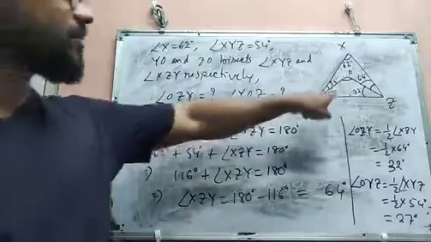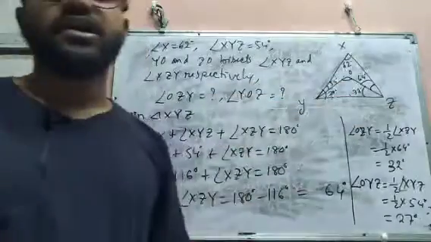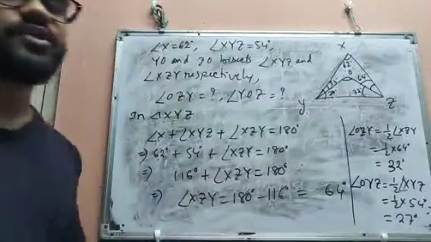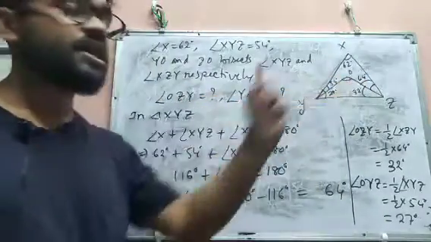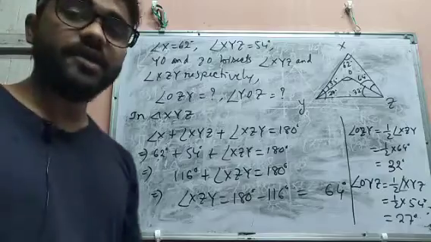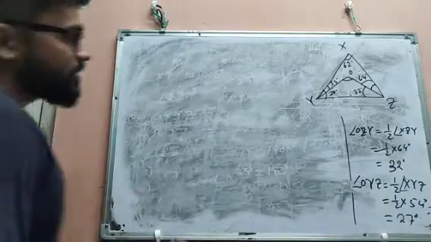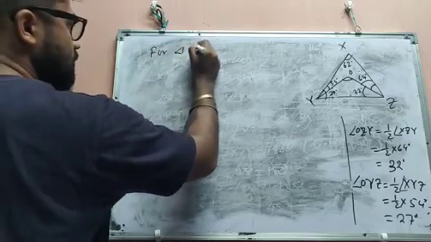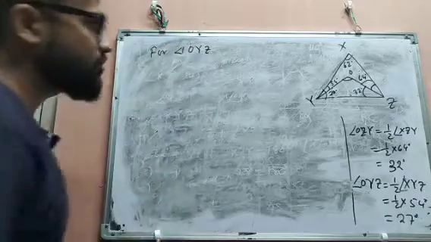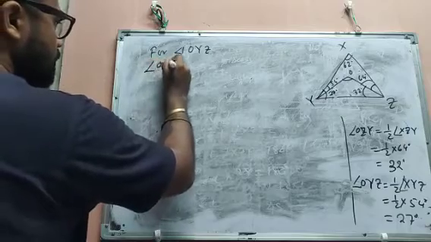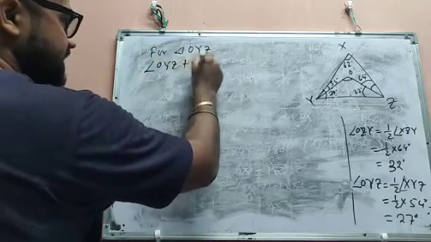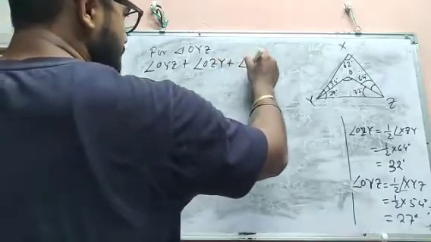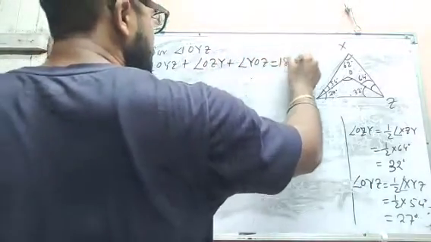Now consider the small triangle OYZ. In the small triangle OYZ, these two angles are given, so we can find the third angle by using the angle sum property. For the triangle OYZ, angle OYZ plus angle OZY plus angle YOZ equal to 180 degrees.